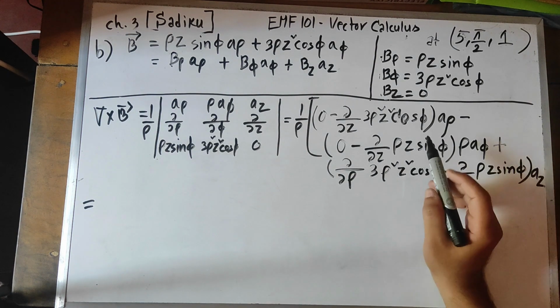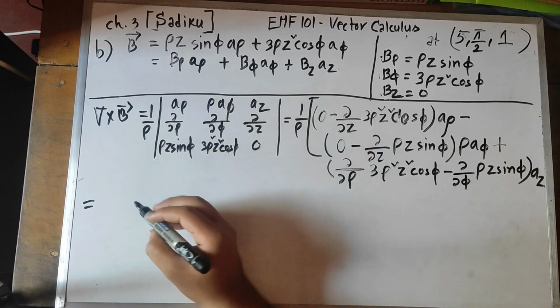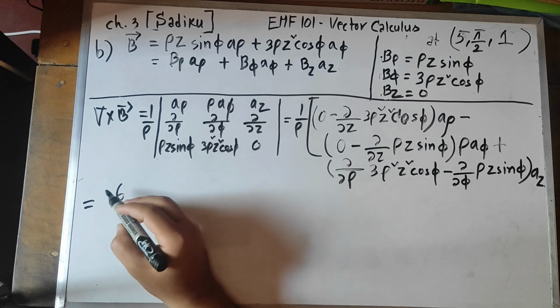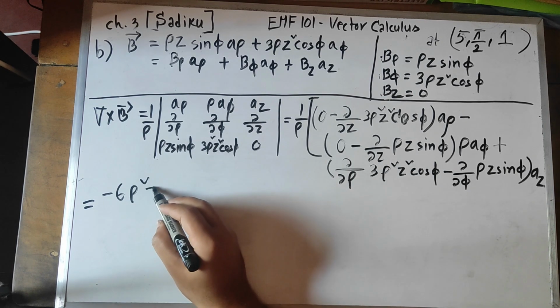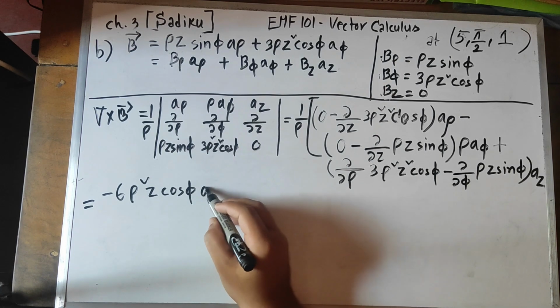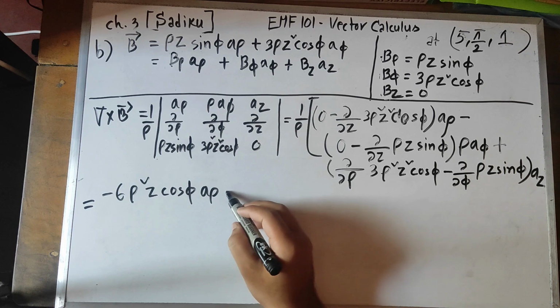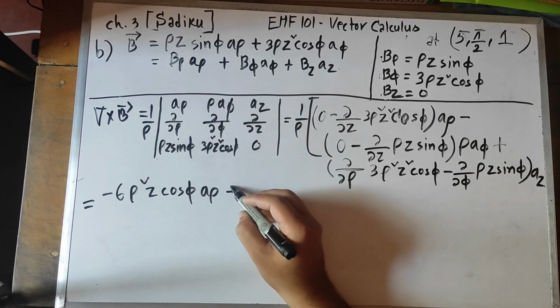I'll just write this. Partial differentiation with respect to z is 6 minus 6 rho square z cos phi in the direction a rho, minus and minus plus.